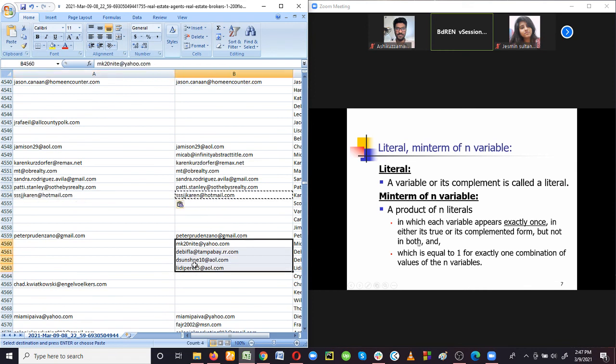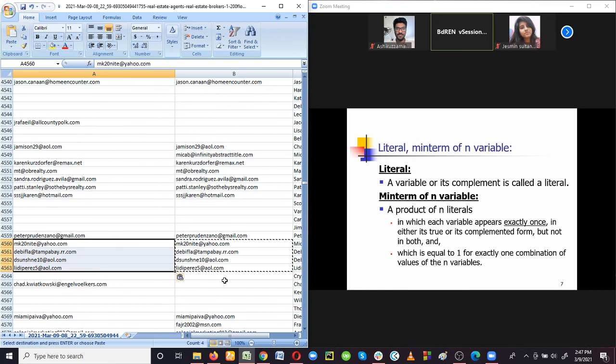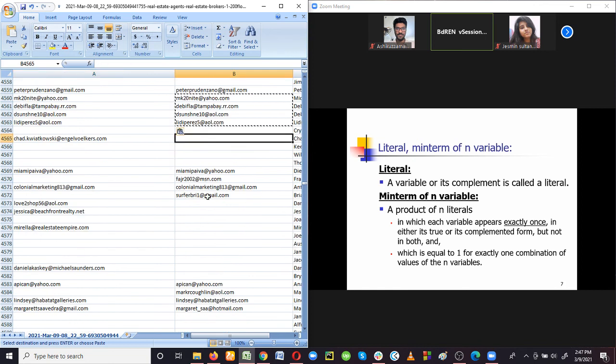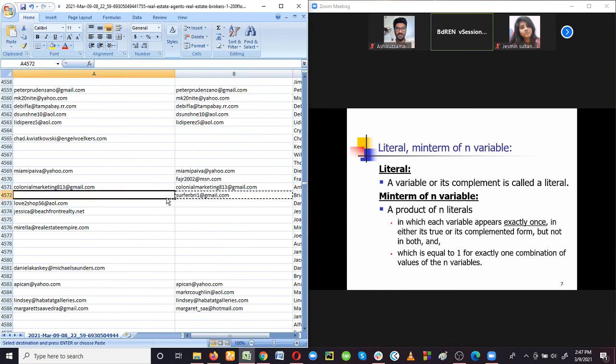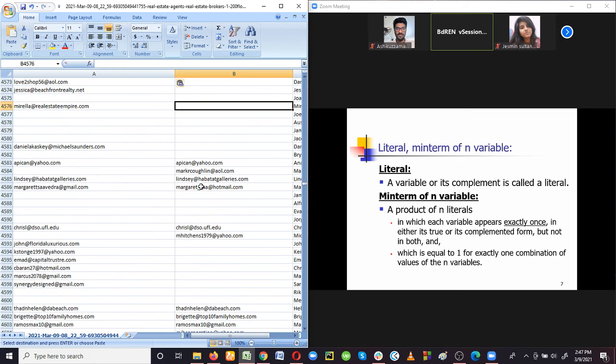When we see an example, you will be much clearer. Just now remember that a min term is the product of n literals.